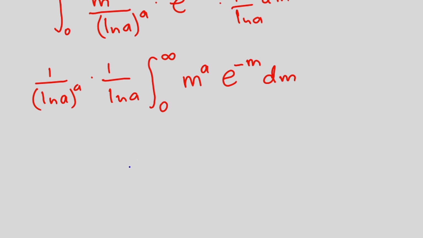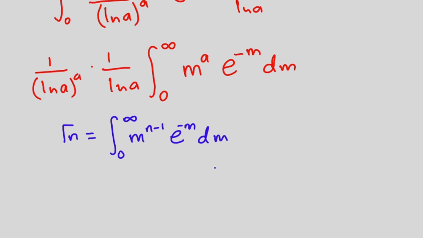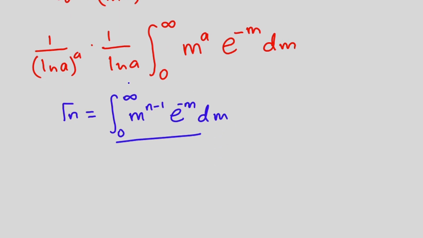Let's go ahead and compare this one with gamma of n, which is equal to the integral from 0 to infinity of m to the power n minus 1 times e to the power negative m dm. So if we compare this one with what we have here, we see that this n minus 1 is the same as this a here.